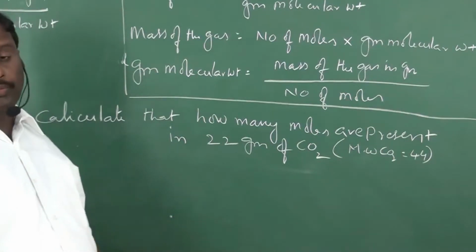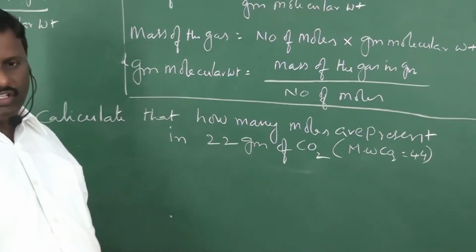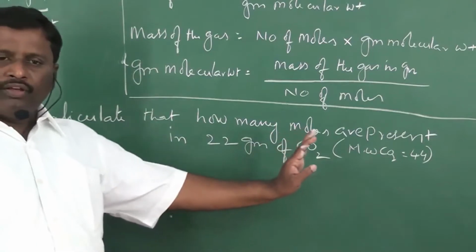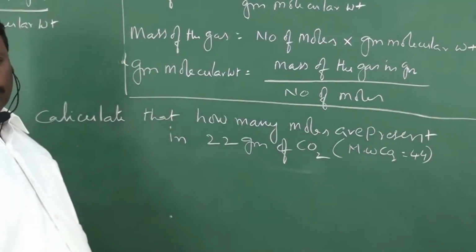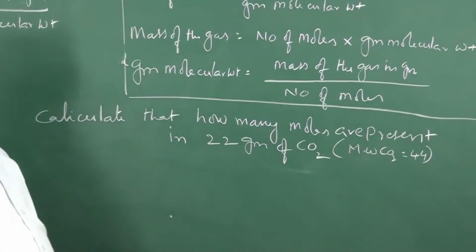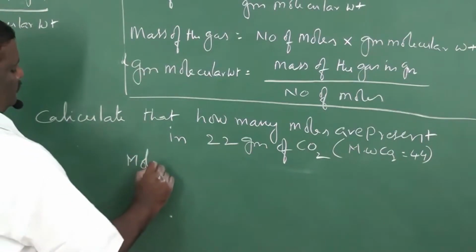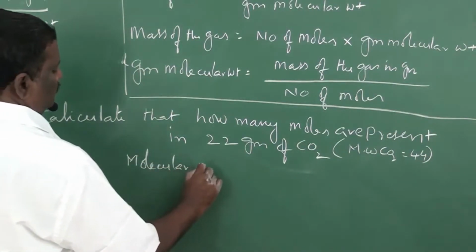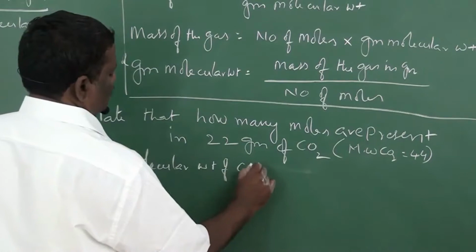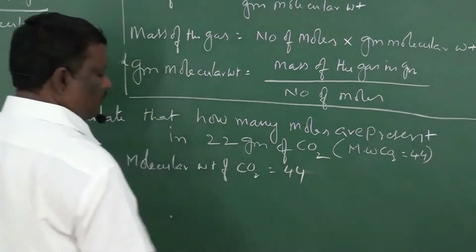For any such problems, the same procedure: first you write down the molecular weight of CO2. Molecular weight is equal to 44.